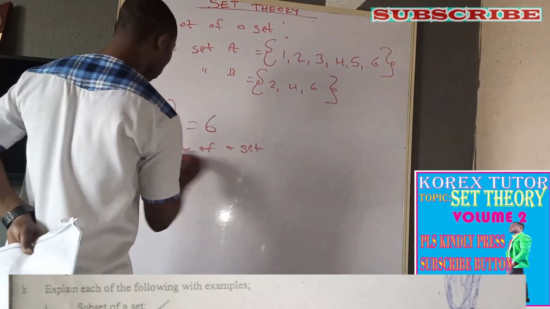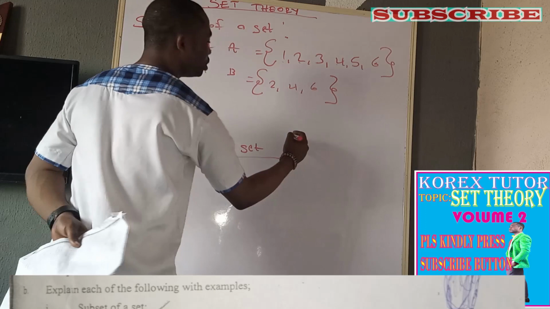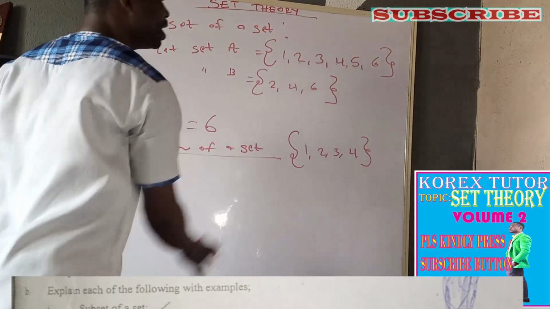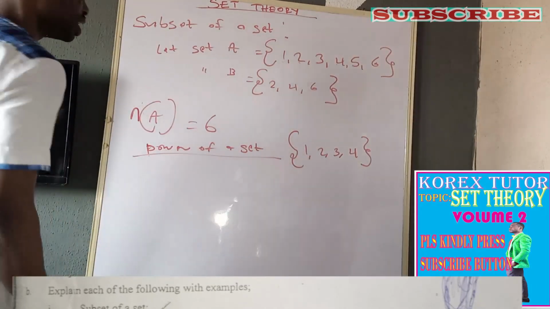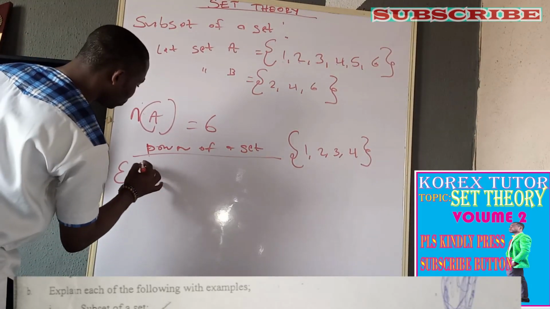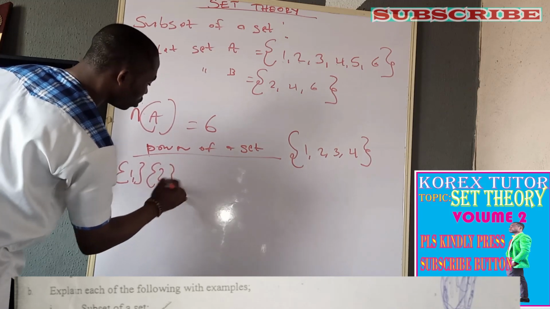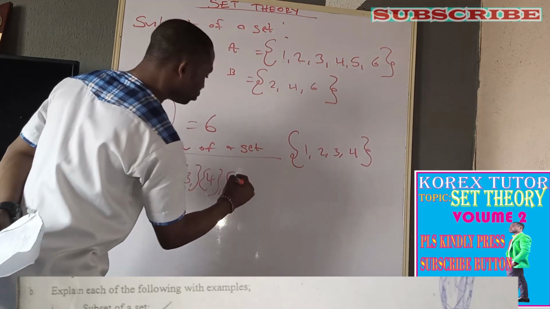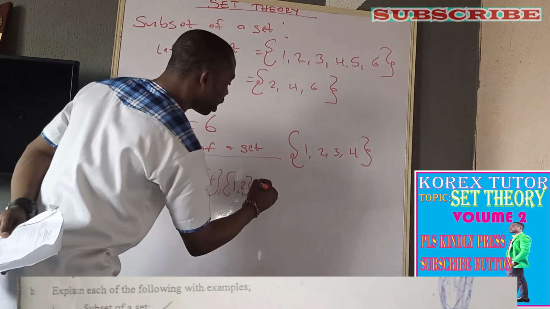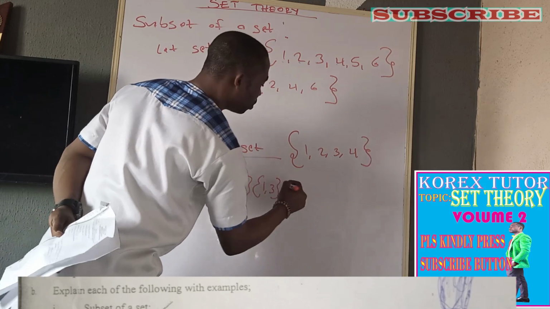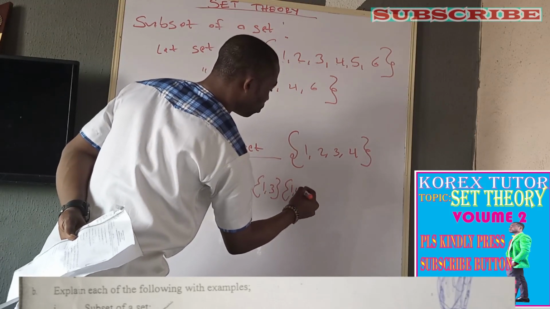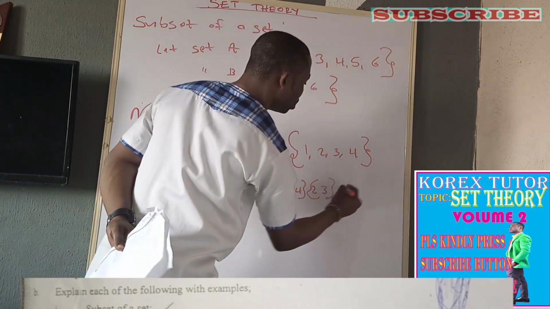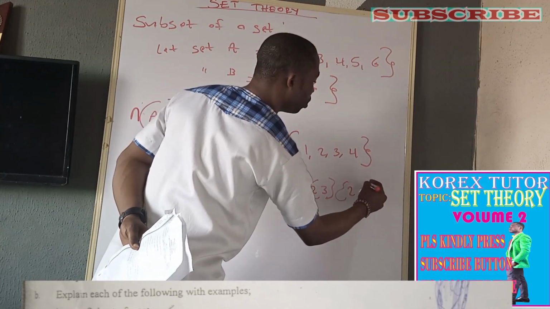Let me say I have this set 1, 2, 3, 4. How many subsets can we get from this set?